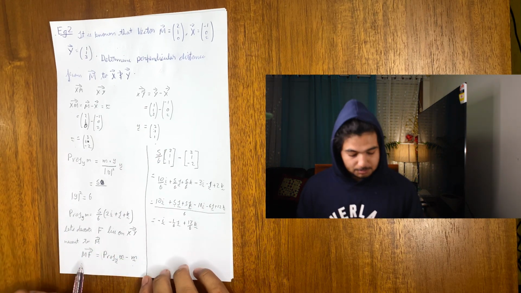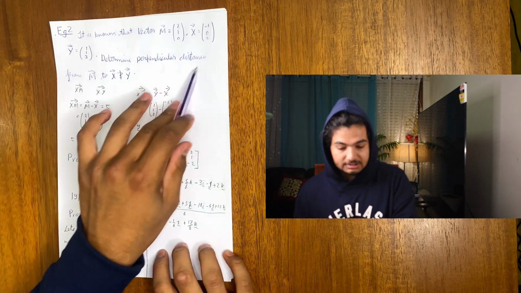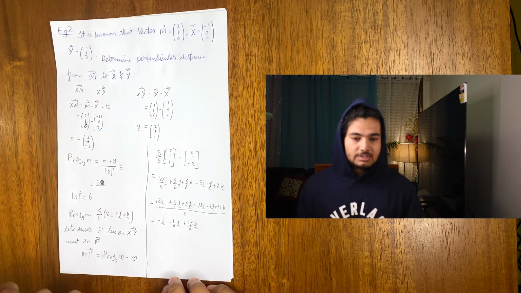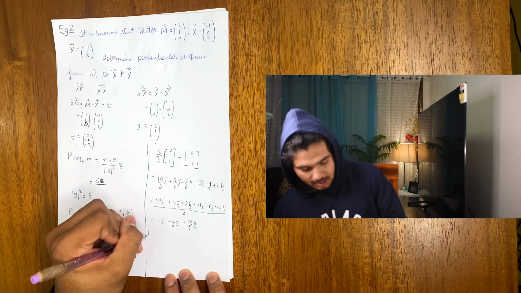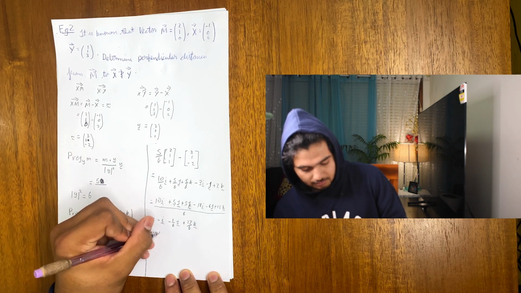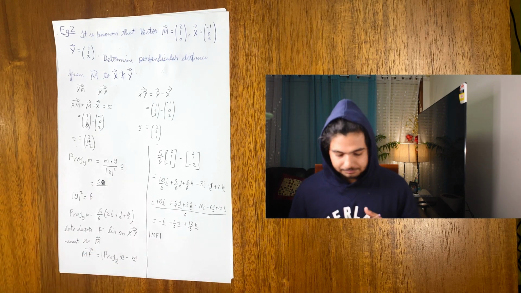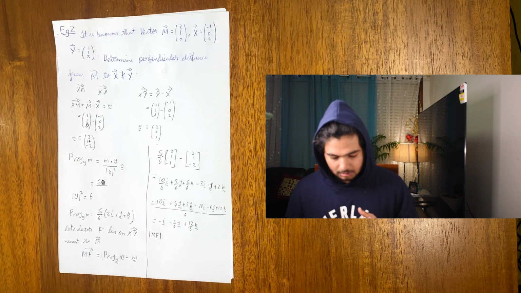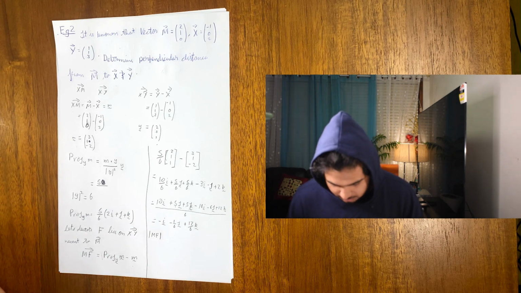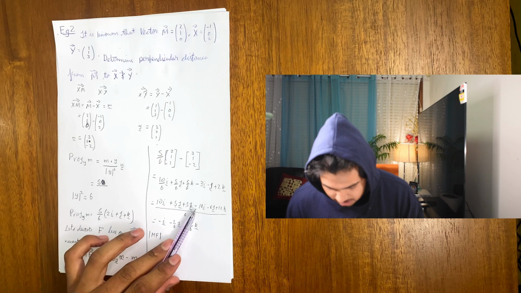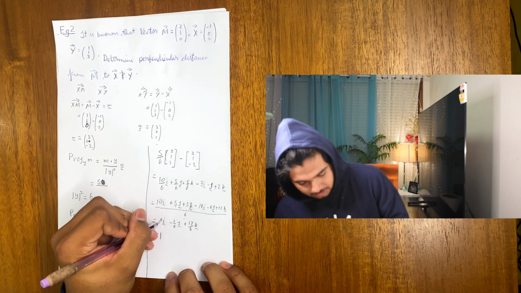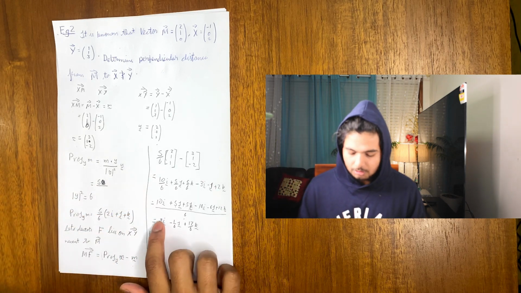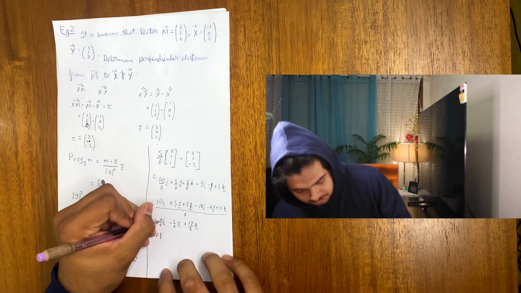Finding the perpendicular distance. When we find distance, we just take the magnitude of this, so the magnitude of mf gives me negative 8 upon 6, my bad.